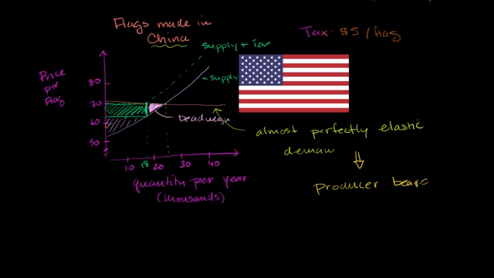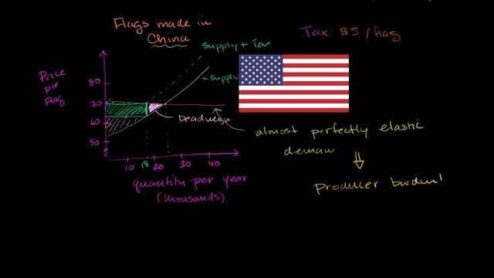Bears the, actually I'm not talking about the animal bears. So the producer gets the burden in that situation. And this is an interesting thing to think about, because when you have almost perfectly elastic demand, or if you said perfectly elastic demand, a flat demand curve right over here, there's actually no consumer surplus, because the marginal benefit at any point for the consumer for that next unit is equal to the price they're paying.